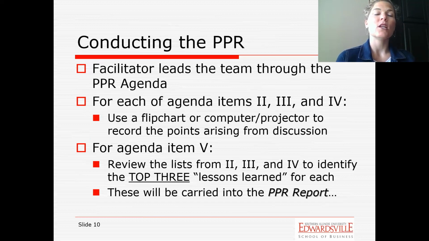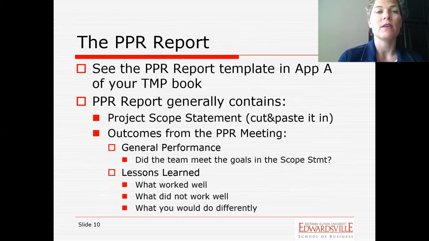All right, so with the meeting and all this brainstorming, not everything's going to make it to the final report, just those top 3 to 5 items. All right, so again, there's a template that you'll be able to use for this meeting and for this report, but the general parts of the report contain a place for you to put your scope statement, so you document it within the report itself.